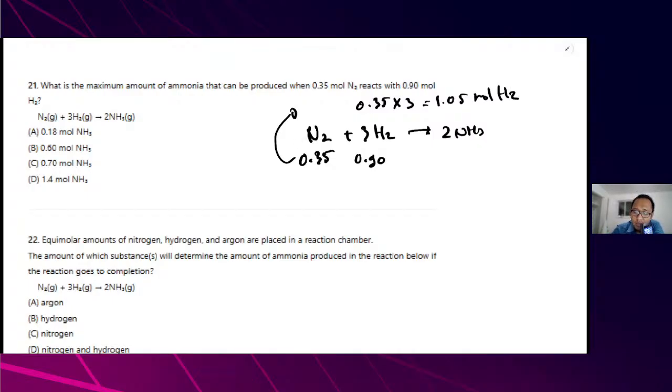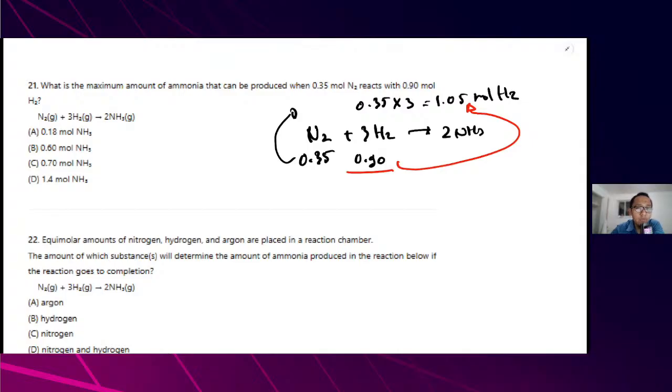To get this N2 completely used up, H2 should be at least 1.05 mol. However, we only have 0.9, which is less than this.